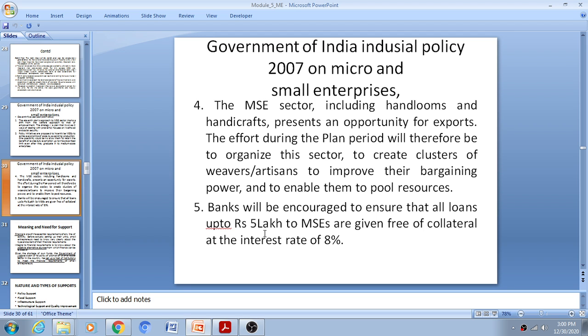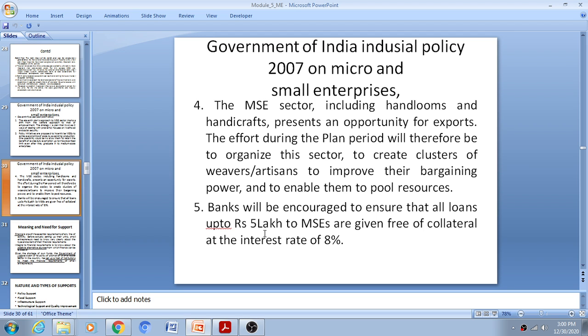Otherwise, individuals would, for example, manufacture a khadi product. They used to carry it by themselves and sell it in the market. But here, the marketing strategy was very weak.